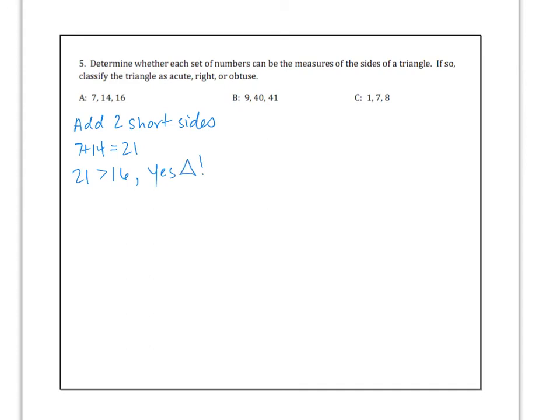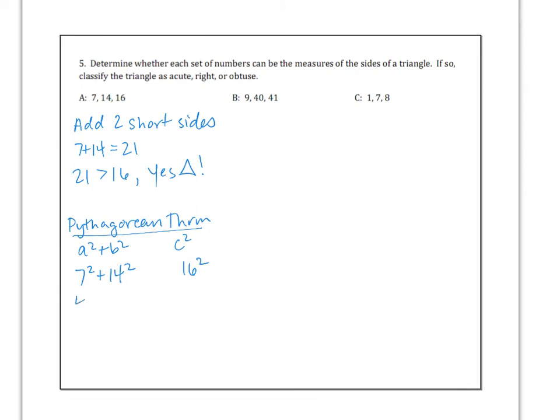Now step 2 is we have to figure out what kind of triangle. So now we basically do the Pythagorean theorem. Okay? And so we're going to do a squared plus b squared, and we're going to see how does it compare to the c squared. Your a and your b have to be your small sides, so 7 squared plus 14 squared. Your c squared is your longest side, so 16 squared.